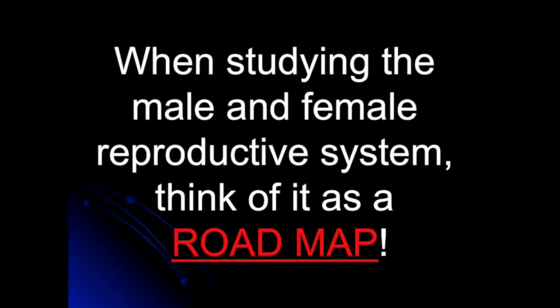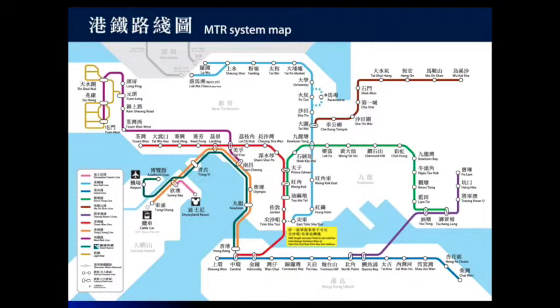Now, when studying the male and female reproductive systems, think of it as a roadmap, pretty much like the MTR system map, which tells you the starting point and the ending point. Where do you want to go? As you can see, I chose two lines here, the green line and the red line.